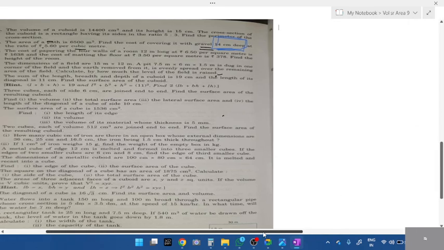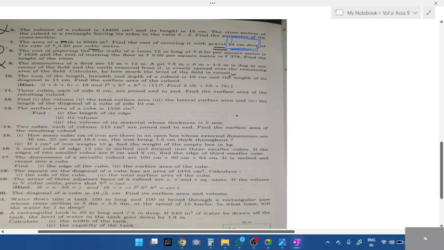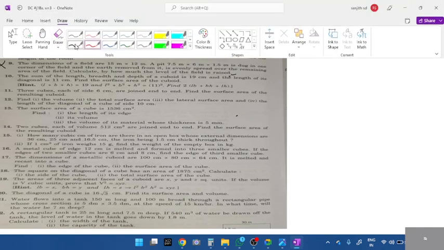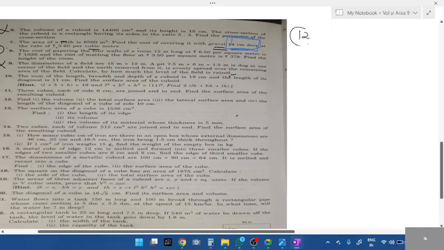Okay, let me read the 12th question. What is given? Find the volume, total surface area, lateral surface area. What are the things we need to find, students? Volume, total surface area, lateral surface area, and length of diagonal of a cube or a cuboid question. 12th one.